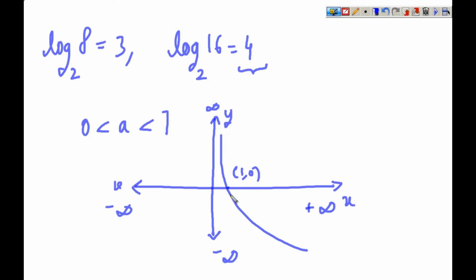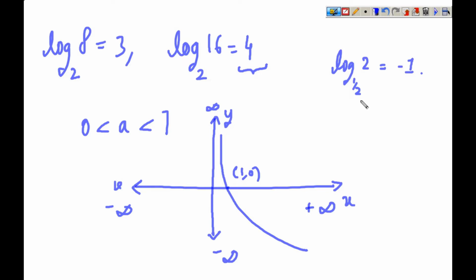Here we can see that when a is between 0 and 1, let's say we have log of 2 to the base half, 0.5, that gives us -1.